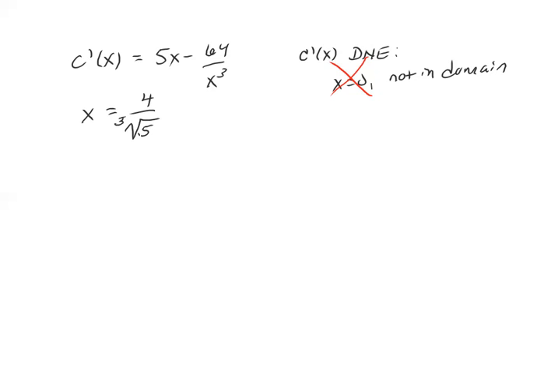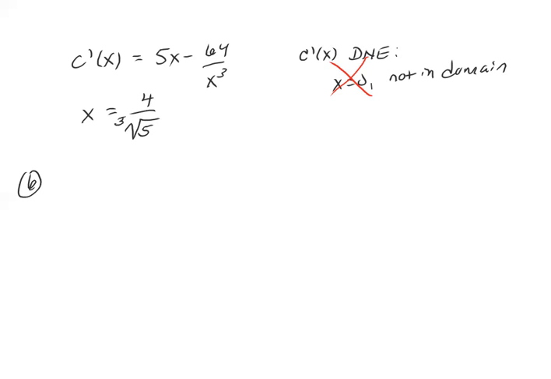Now, that is a possible location of a maximum or a minimum cost. I need to make sure it gives me a minimum cost. I cannot assume that that is what will minimize my cost. So let's use calculus to check. This is step 6.